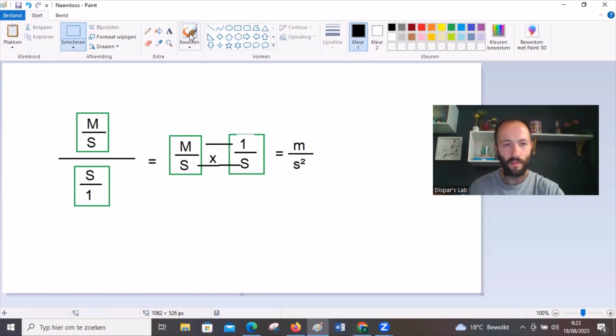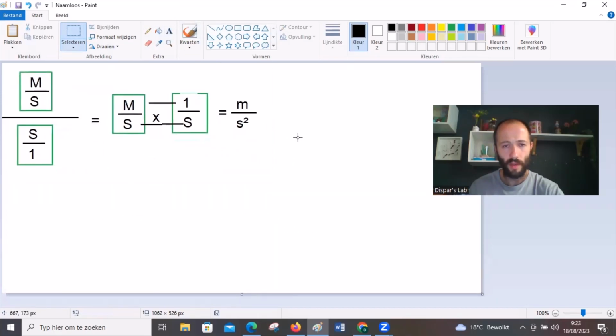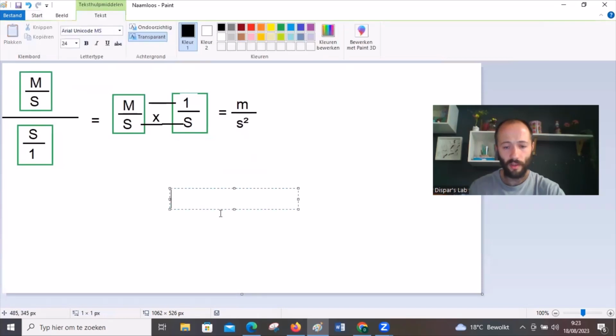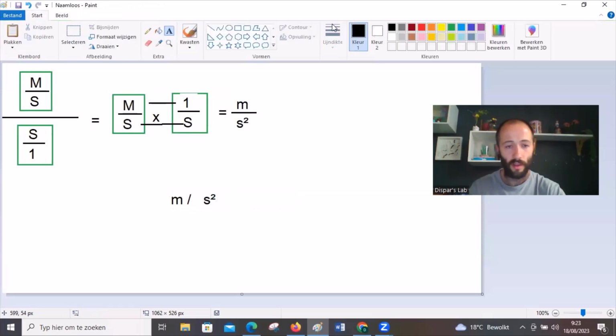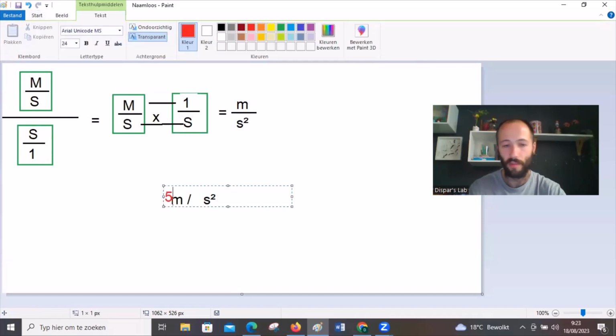That doesn't mean that when you add numbers in front of these units, so you have this unit, meters per second squared, and now you place a numerical value in front of it, let's say 5 meters per second squared.